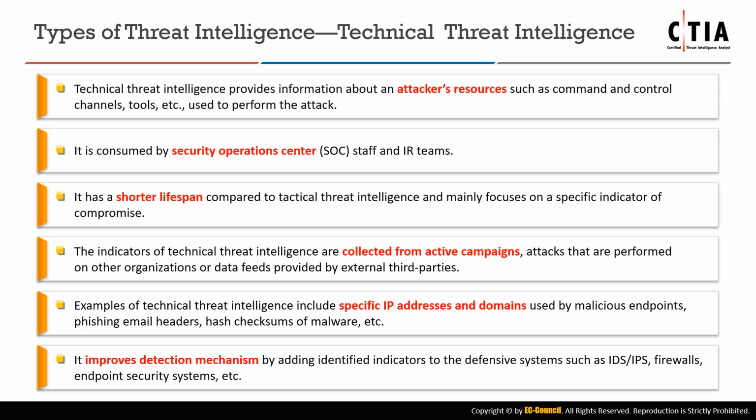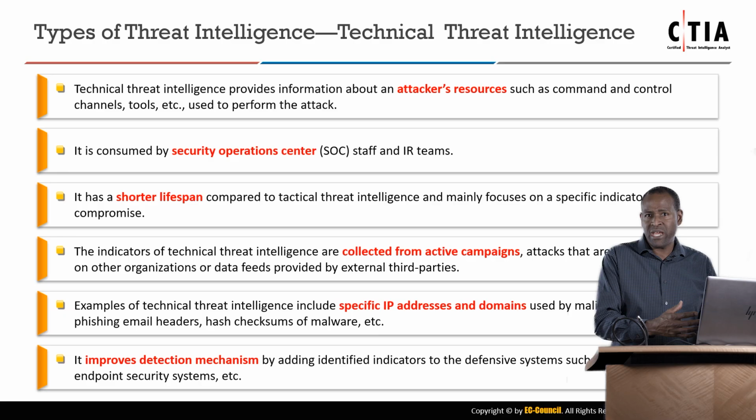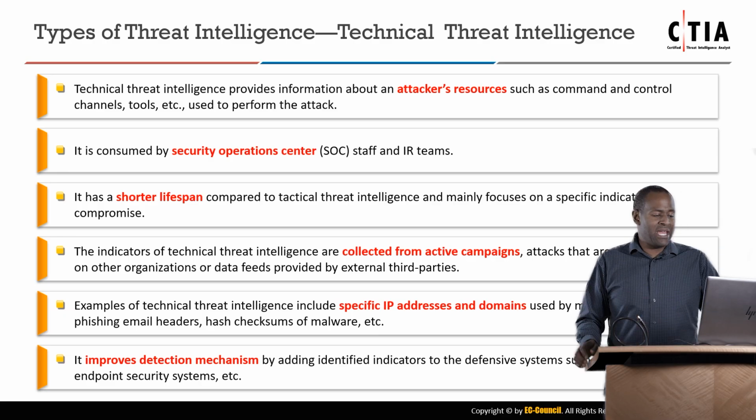The indicators of technical threat intelligence are collected from active campaigns, attacks that are performed on other organizations, or data feeds provided by external third parties. So these are organizations that are currently participating in forums or in other methods of sharing information while they are being attacked.